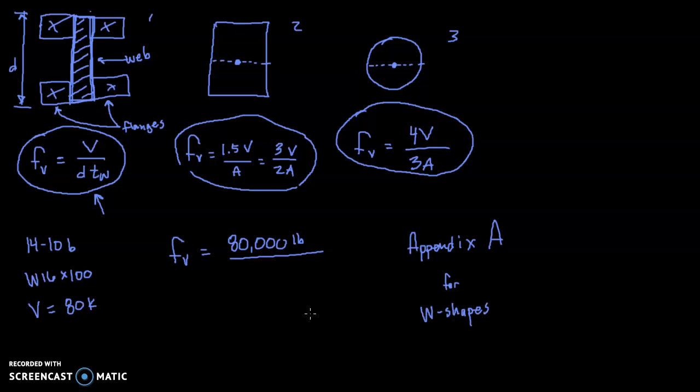And if we look up a W16 by 100, we'll see it has an overall depth of 16.97 inches. And the thickness of the web, t sub w, is 0.585 inches.